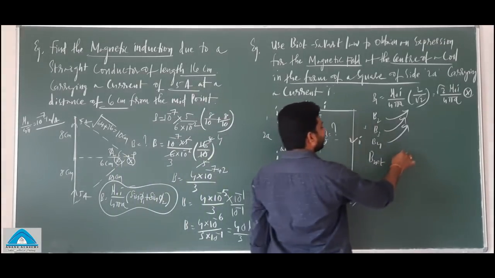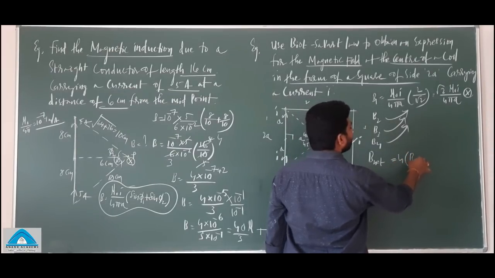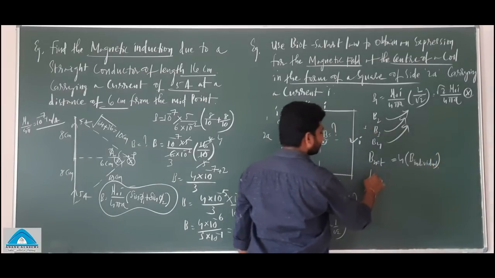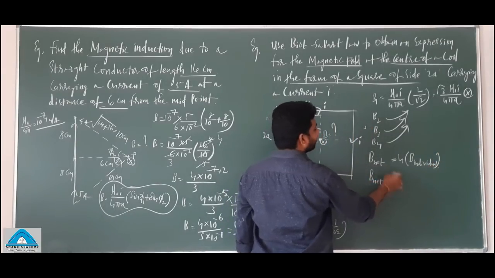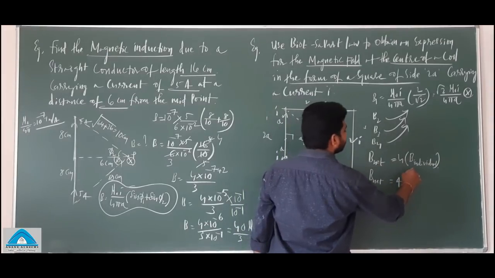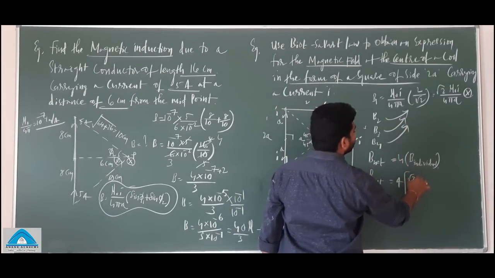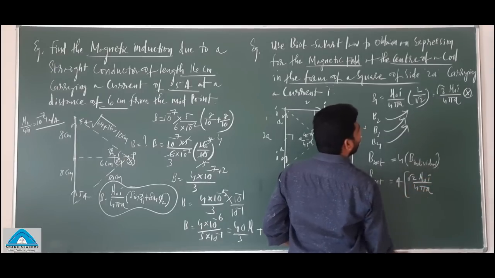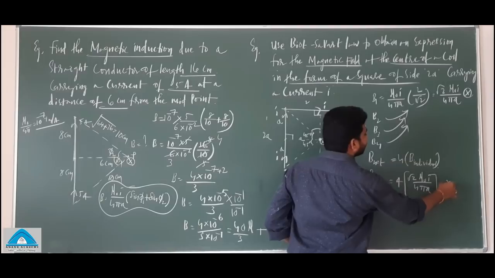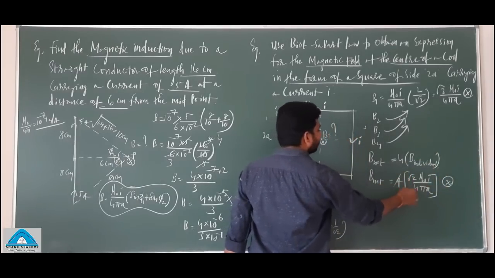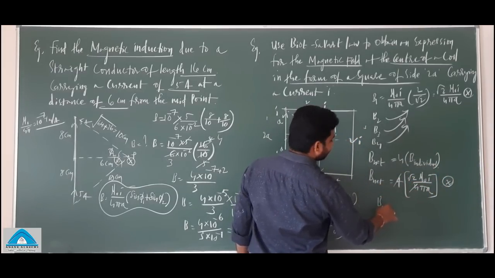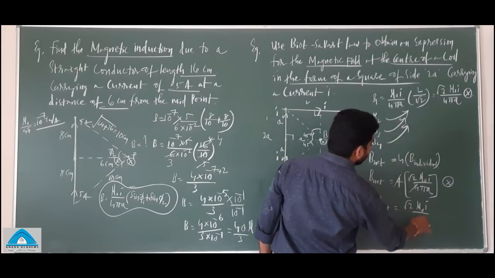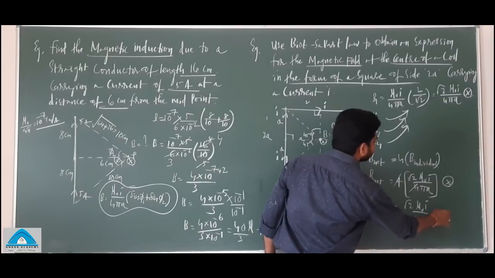So what can I write? 4 times the individual value, root 2 into mu naught I by 4 pi A. So now this direction is also into the plane, right? 4 gets cancelled and the net magnetic field will be root 2 mu naught I by pi A.